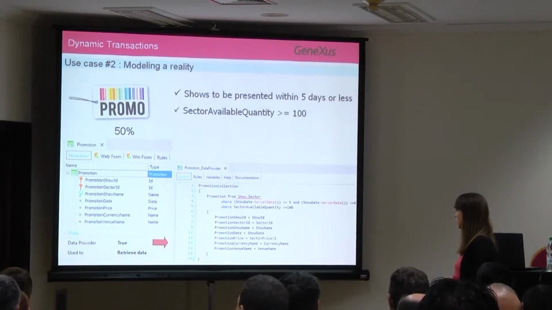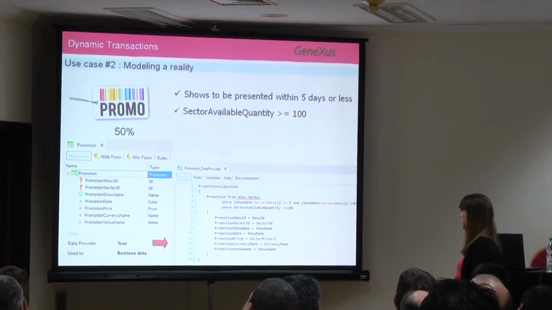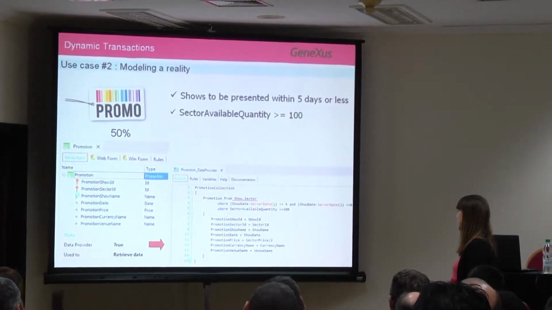So here, what I'm saying is that I'm going to the sectors in the shows with a certain number of available seats, the same or bigger than 100, and I'm asking about the date.